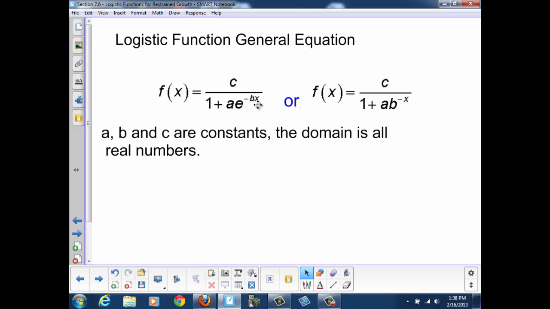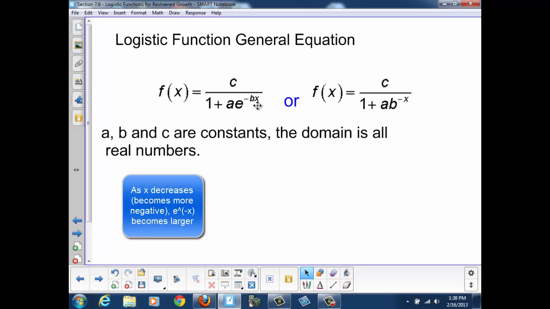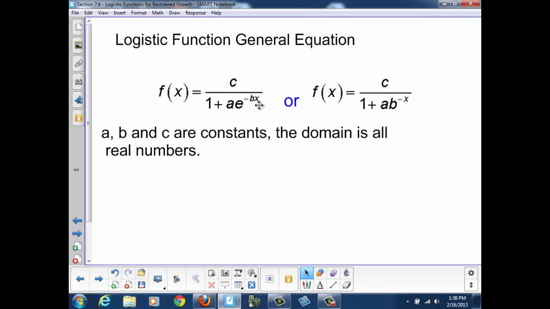Now if x were a negative number, then we'd be multiplying a negative times a negative here, and e to a very large positive number, when x is a large negative number, becomes a large number. So I'm adding 1 to a very large number. So c gets divided by a very large number, eventually becoming very, very close to 0.